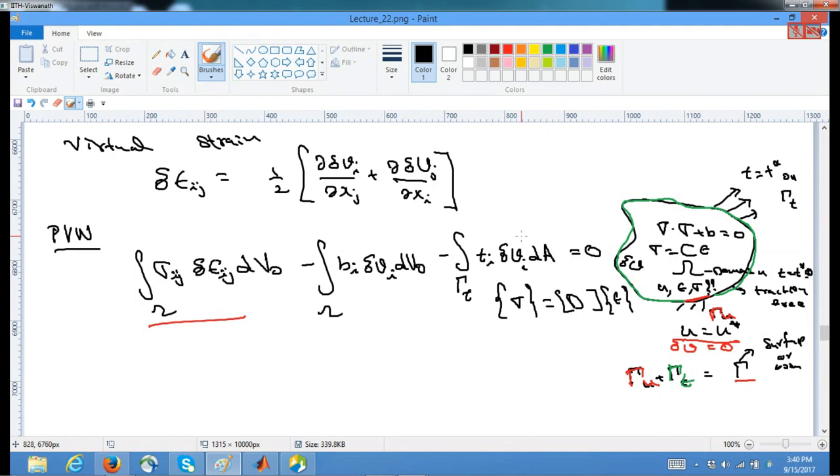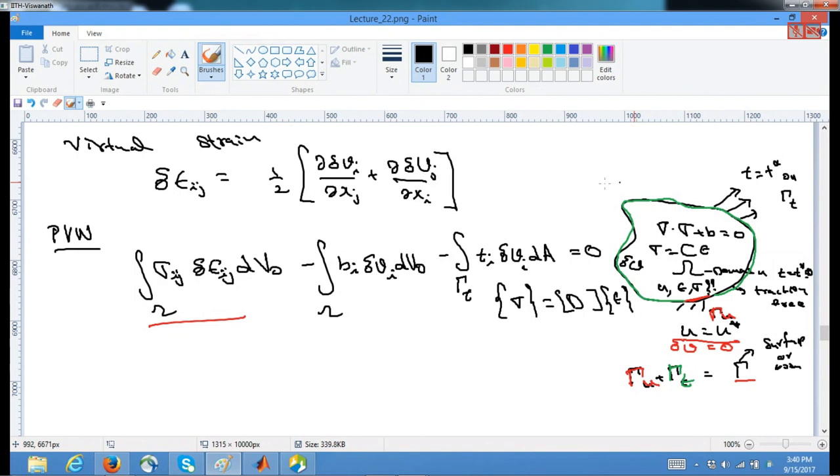So the differential work, the virtual displacement, says that it is nothing but the energy balance: the amount of work put on this is totally stored as the internal energy of the system. That is what is called the principle of virtual work.